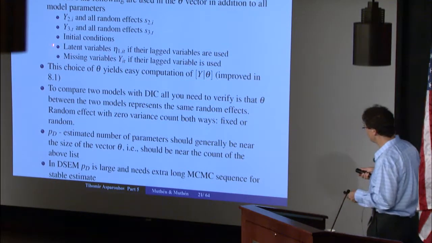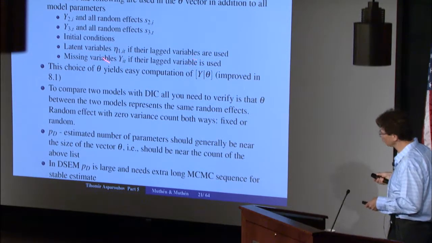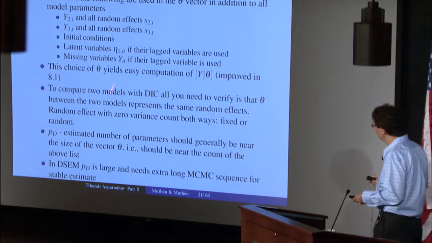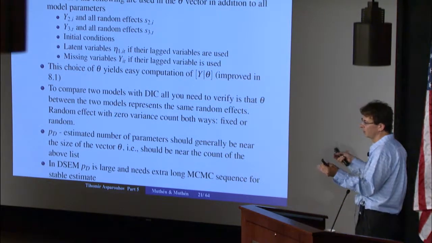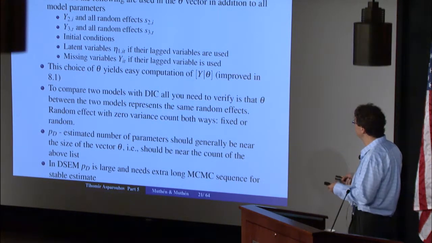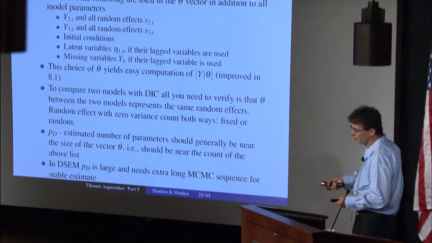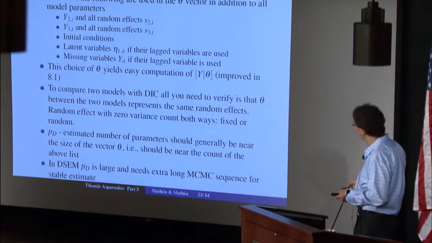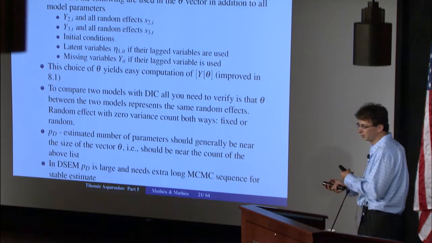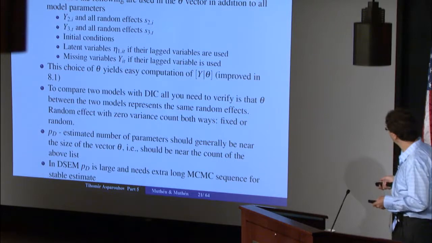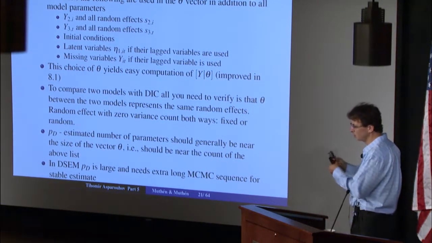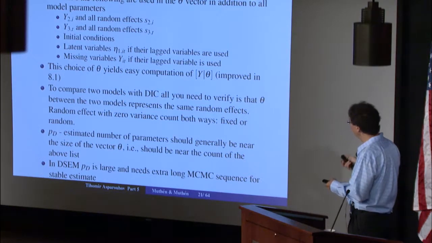What happens is, because these unknown quantities are individual and time specific, there are a vast amount of them. If you have a latent variable and you have 100 observations with 100 time points for each observation, then you end up with 10,000 latent variables on the within level that will be considered unknown quantities. And when you compute the DIC, all these unknown quantities have to be integrated out.